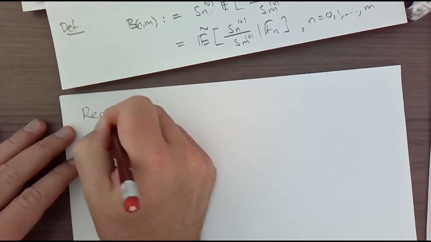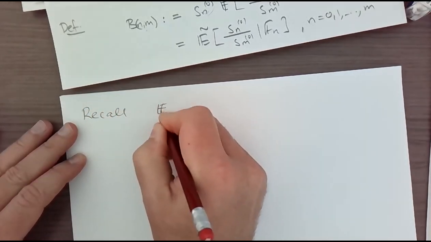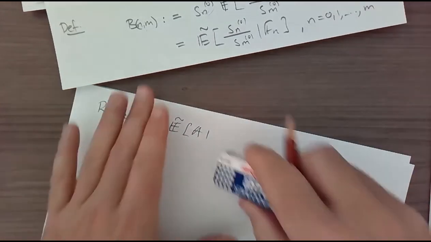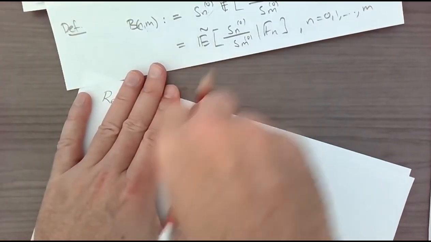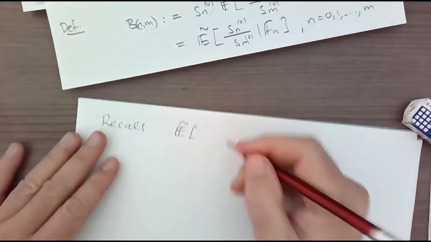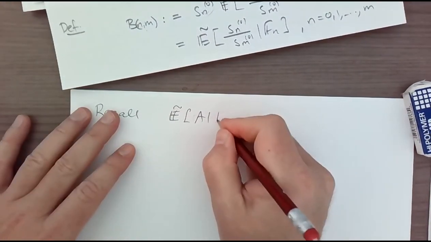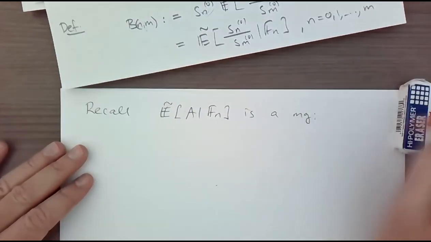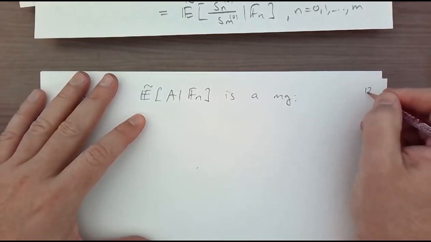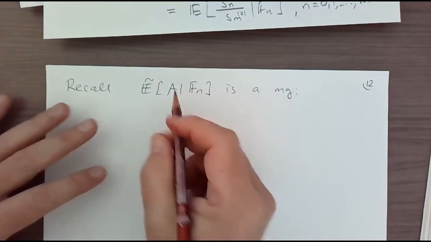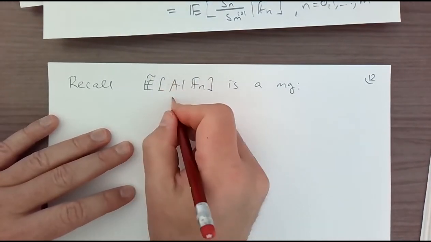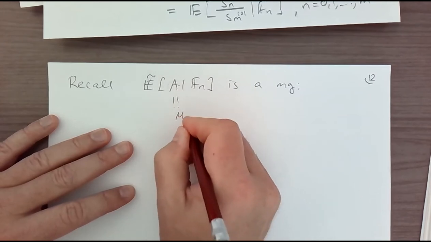Recall that the conditional expectation of a random variable A is a martingale. So remember how to do it. Let's call it Mn.